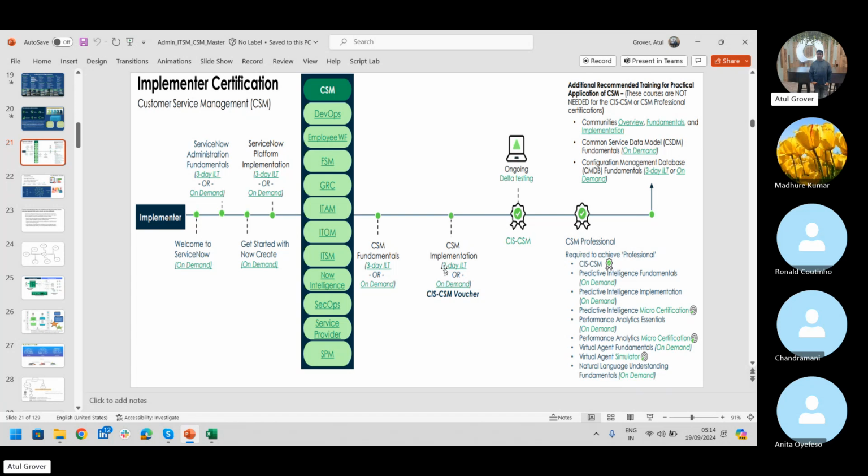In our training, we are trying to complete these 2 books together with the different concepts. In CSM, an important part is a little bit of understanding of the CSDM. That is important. CMDB, CSDM, and the communities. This is the concept which is going to be covered in that particular part.